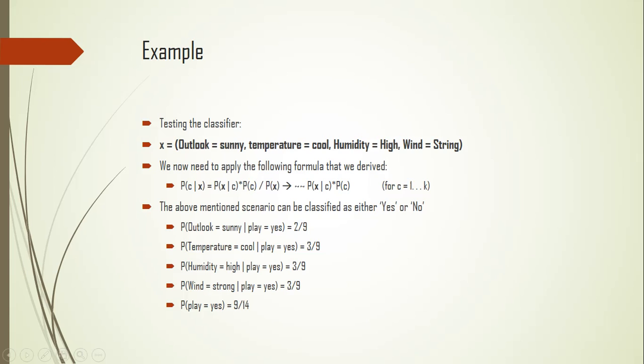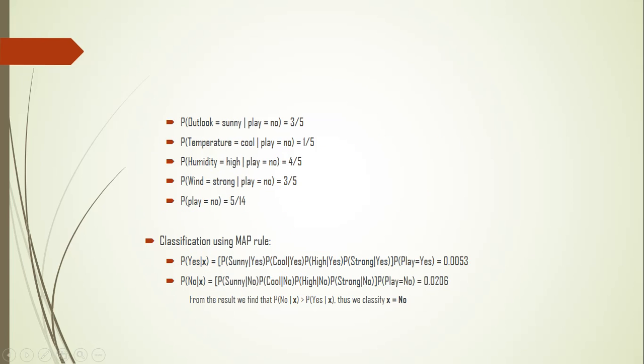Now, because the outlook is sunny, cool, high humidity and strong wind, we understand all the cases where we play yes and we play no and find the probabilities. Now we figure out all these probabilities for play equal to yes and for play equal to no, and for each of those we multiply all of these.